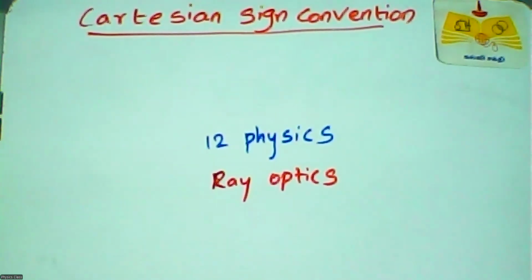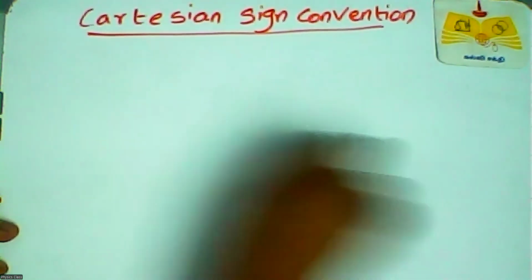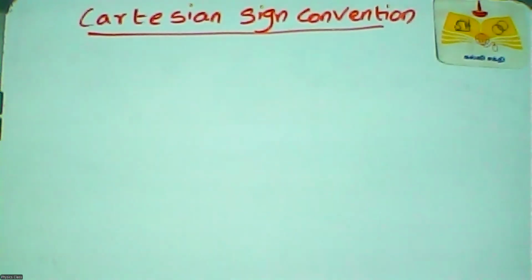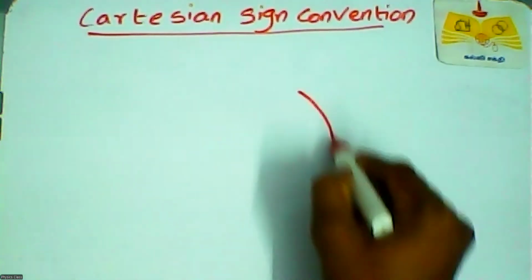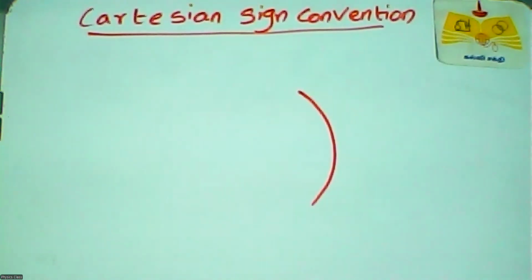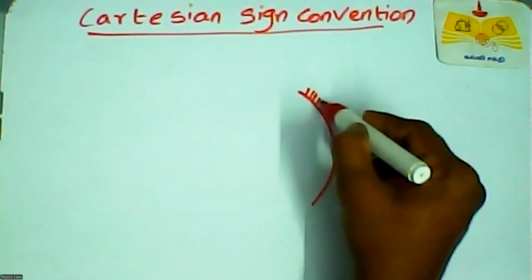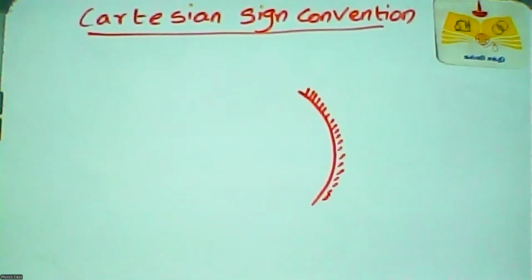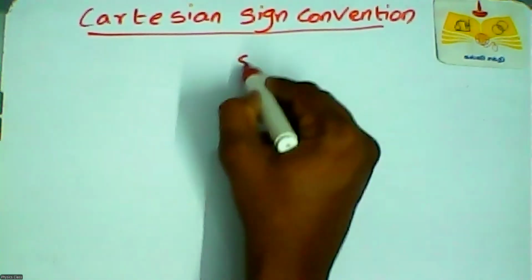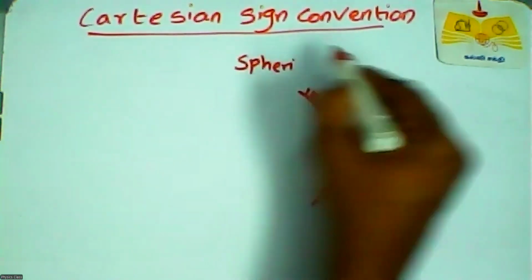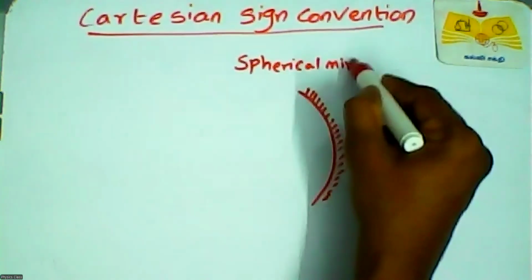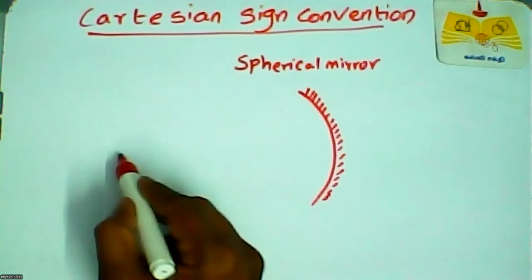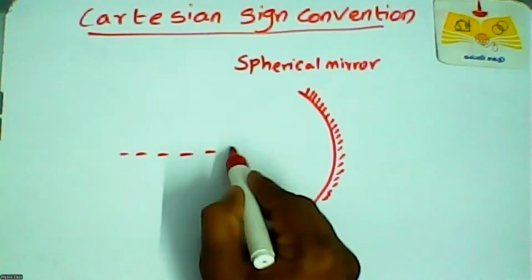So first of all, let me draw one diagram for discussing the Cartesian sign convention rules. So this is the mirror, a spherical mirror, and this is the principal axis.